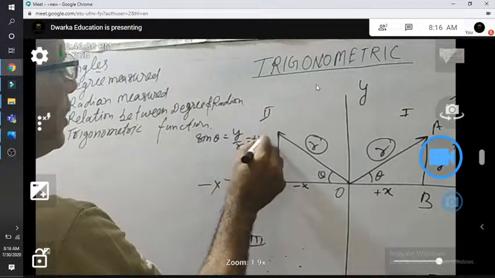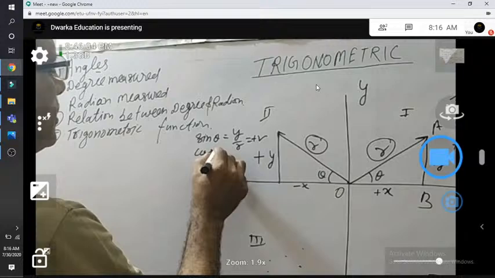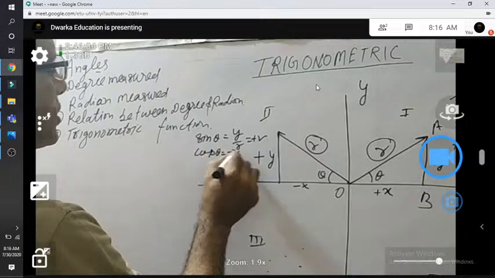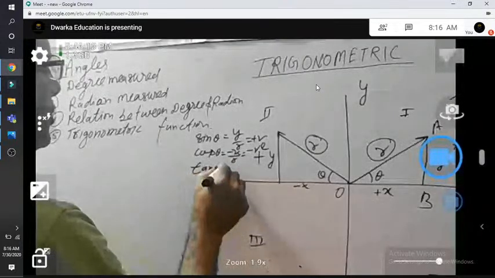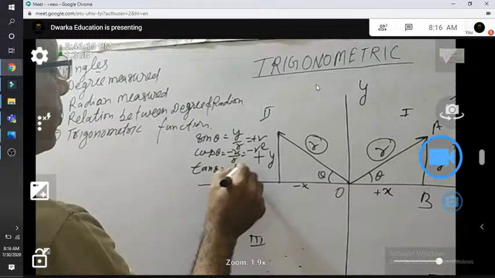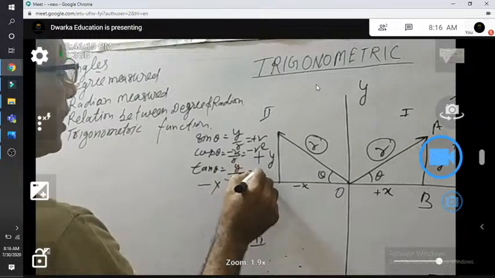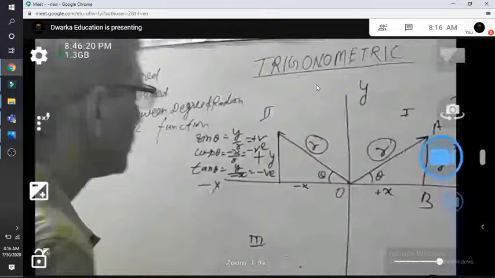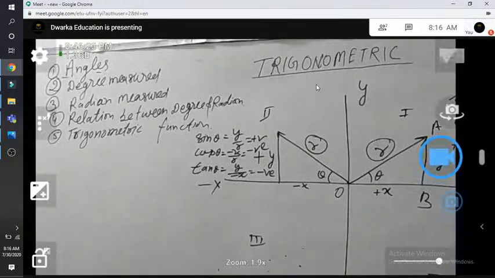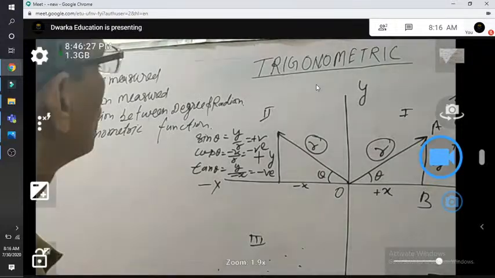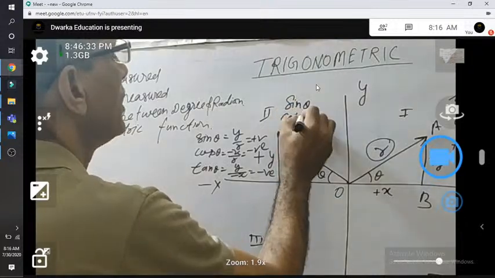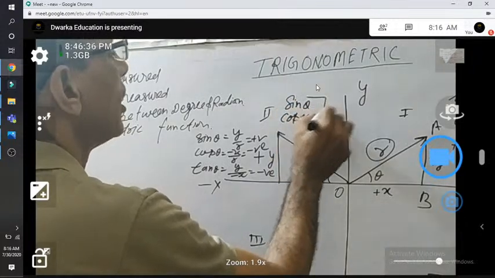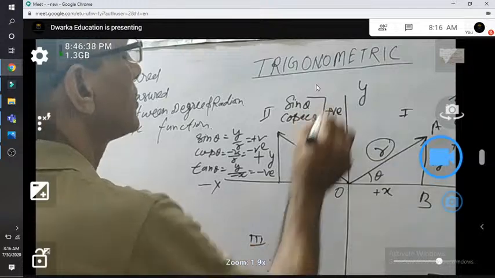And cos theta is equal to minus x over r, this is negative. And tangent theta is equal to y upon minus x, this is also negative. In the second quadrant, remember that only sine theta and cosecant theta are positive and the others are negative.